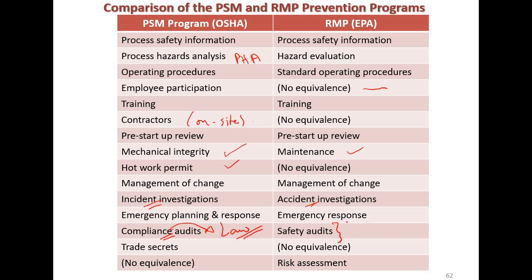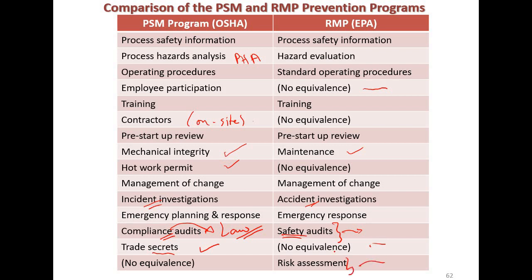Here they audit very similarly, but they just call it safety just to reflect the meaning of it, the feel of it. Here they have something that talks about trade secrets, because this also could be suffering the safety, especially if those secrets fall in wrong hands. They have here on RMP, they have nothing to talk about. However, they have risk assessment.